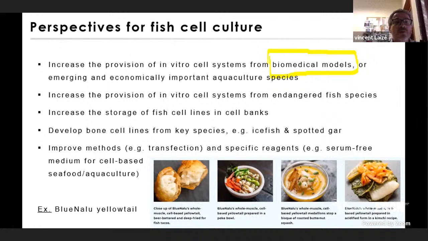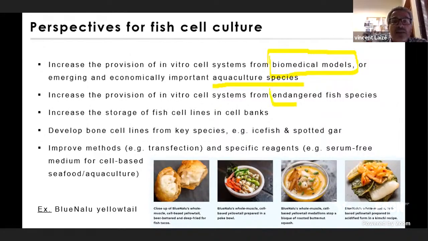We should also make an effort to increase the provision of cell lines for emerging and economically important aquaculture species. Here I could just mention the sardines, maybe the meagre and the amberjack, the Seriola, which are promising, emerging species for aquaculture. It will be interesting to have in vitro cell systems for these species.